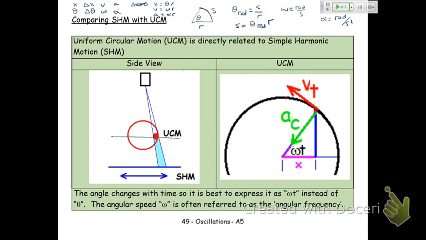Take my speed and multiply it by a third of an hour. 50 miles an hour times a third of an hour, I know how far I am away. So I'm doing the same thing. I can define an angle by the angular velocity times the time, as long as you start off at time 0. So rather than having theta, I'm going to choose to put down omega t.